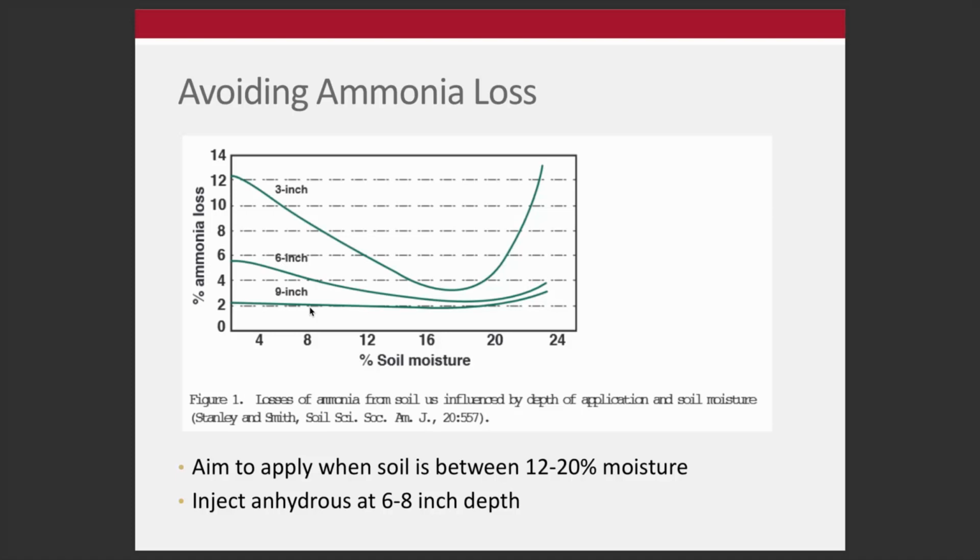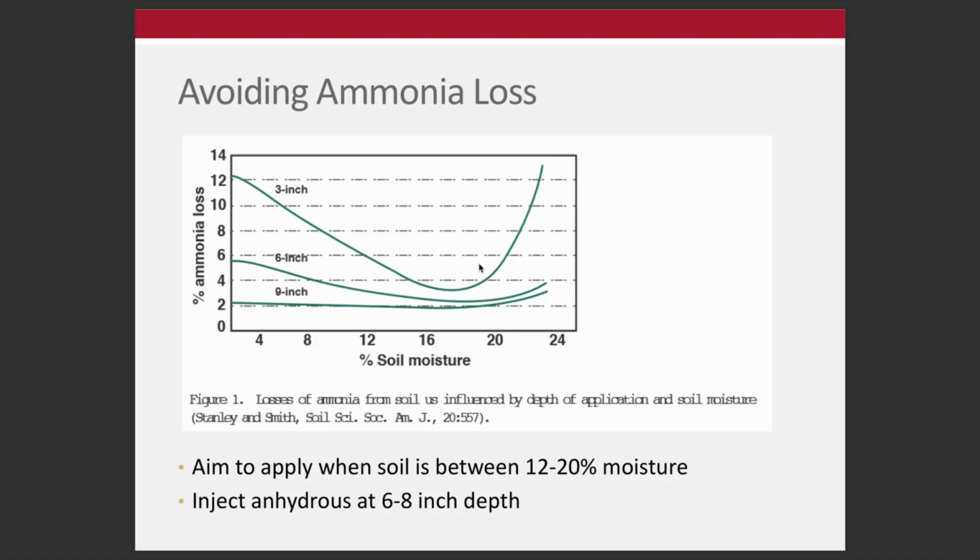Going back, I don't think I specifically said this, but the loss in that gas of ammonia is actually the volatilization that we talked about last week, right? So at 9 inches, soil moisture doesn't affect it, but once we're at 6 inches, when the soils are really dry, we can see greater losses than when they're a little bit wetter. And when we're in a shallower 3-inch band, we can see that moisture really affects the loss potential.